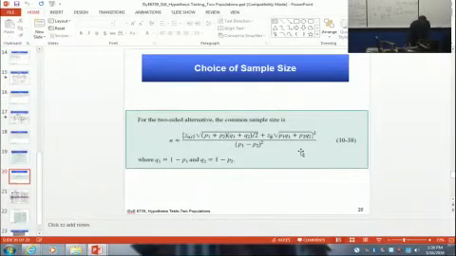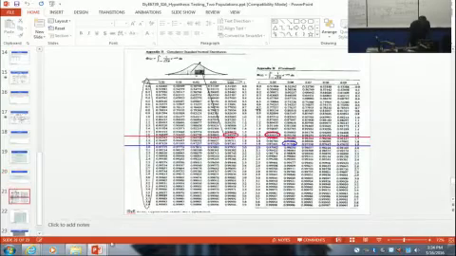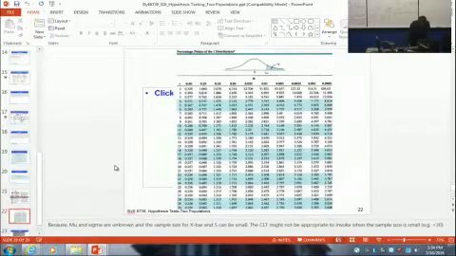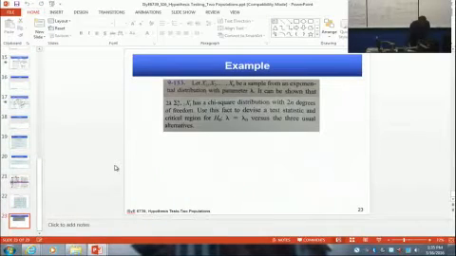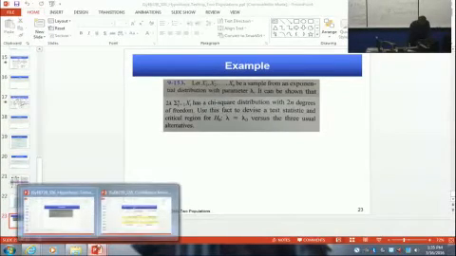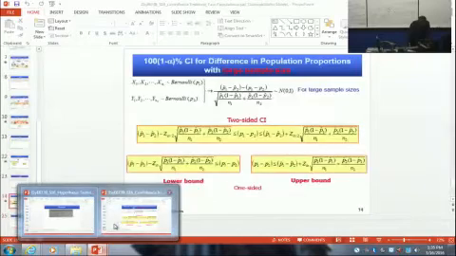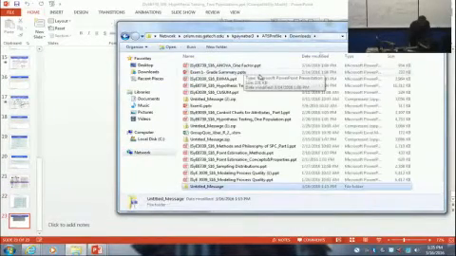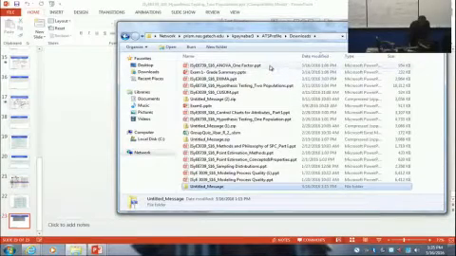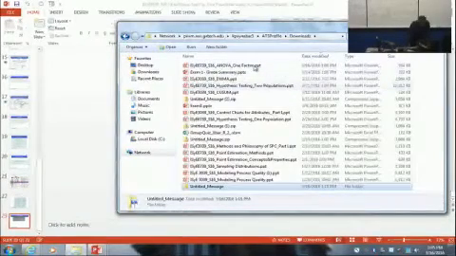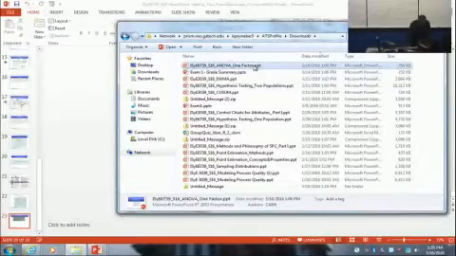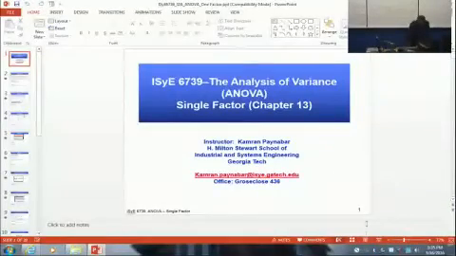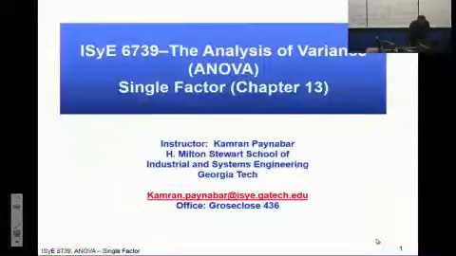So we are done with two-sided hypothesis testing. New topic is called analysis of variance.